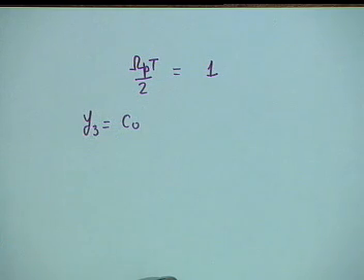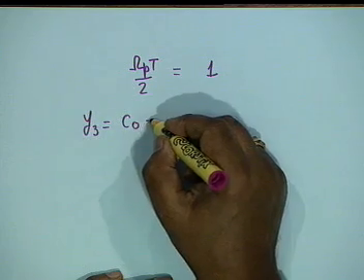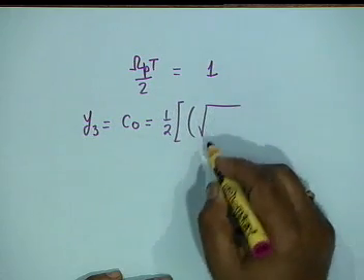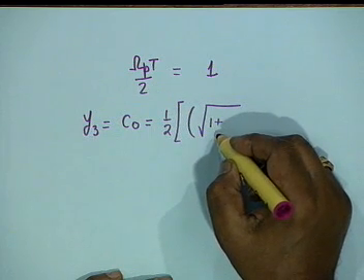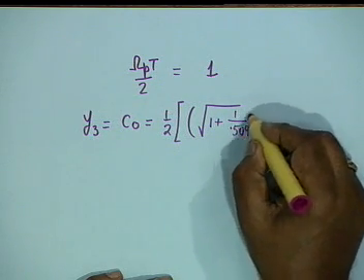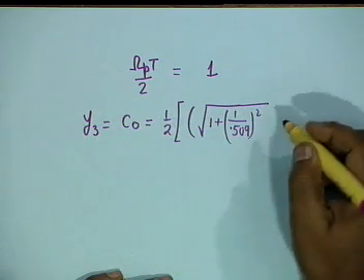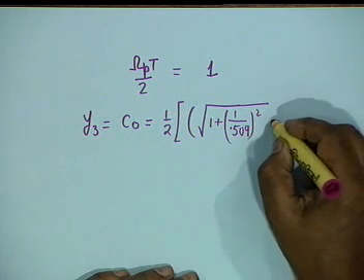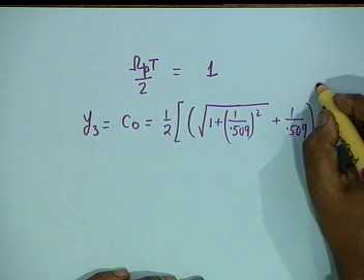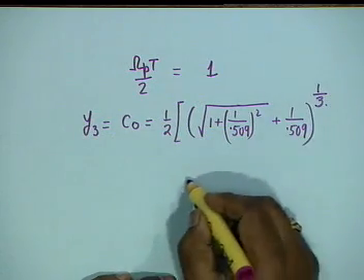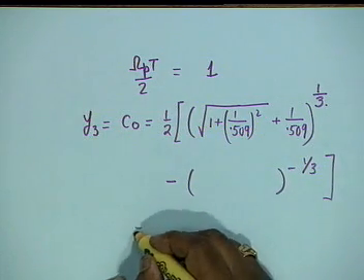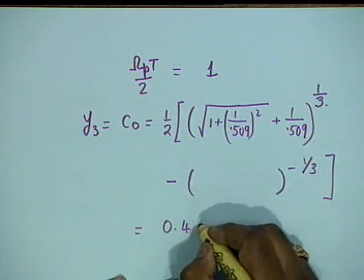If there is a first order term, then the constant term is the same as y3, and that comes out as half the square root of 1 plus 1 by epsilon squared. Epsilon was found out as 0.509, I have intentionally permitted a lot of truncation error, so 1 plus 1 by 0.509 squared, the whole to the power 1/3 minus the same quantity to the power minus 1/3, and my calculation gives this as 0.494.